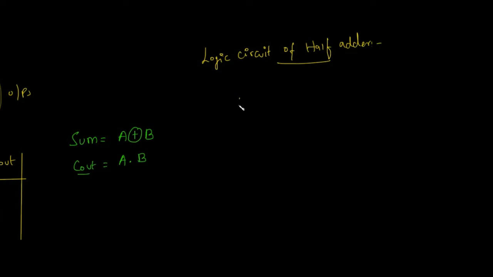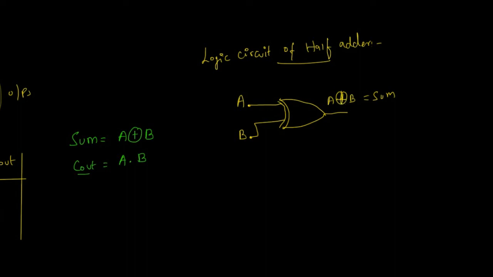We have A and B as the inputs that can be given to the XOR gate first. So this is A and B, which is equal to sum, and we can connect this B so it gets satisfied, right? A XOR B.